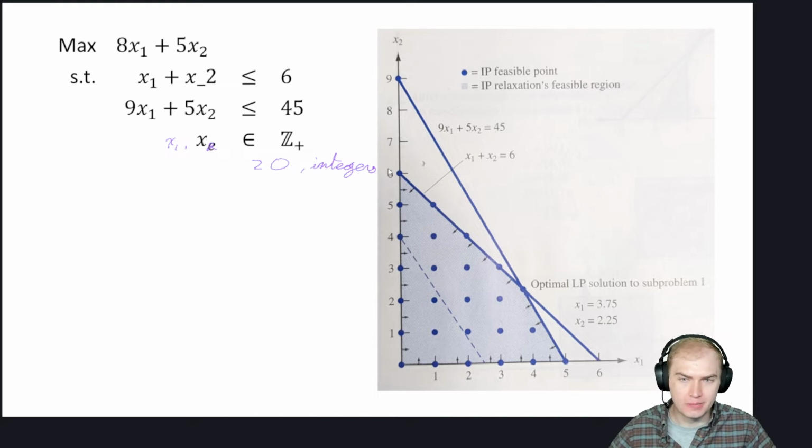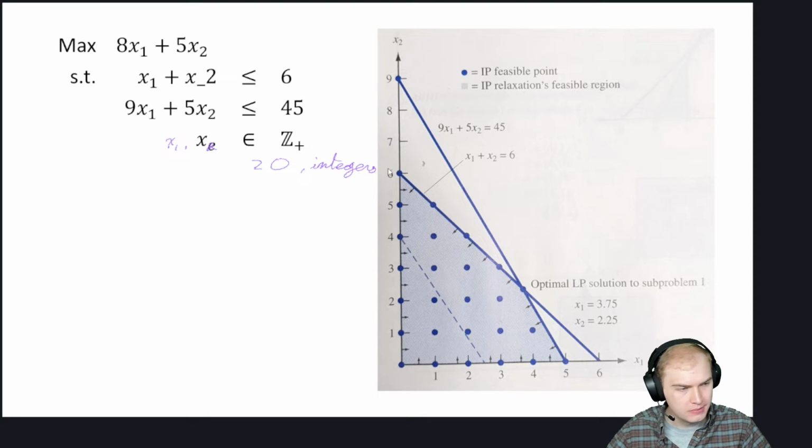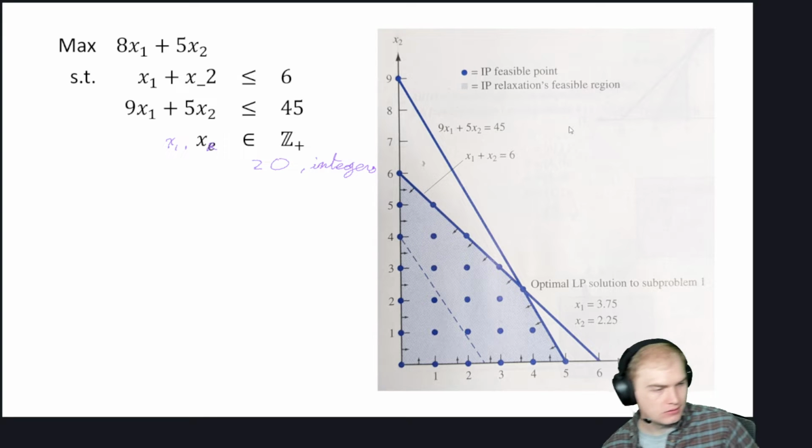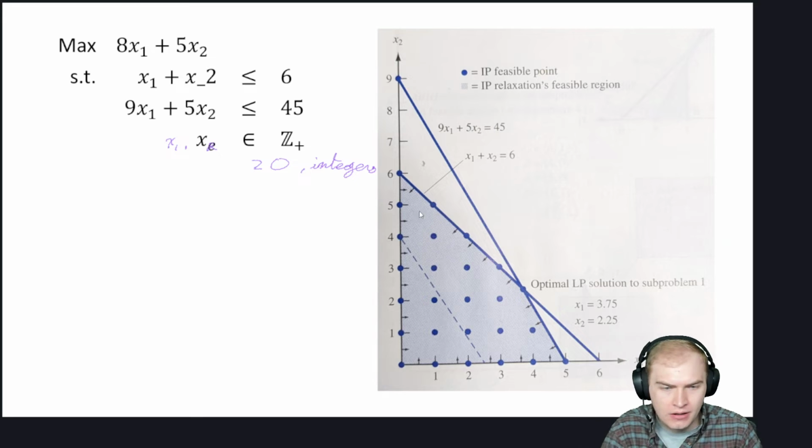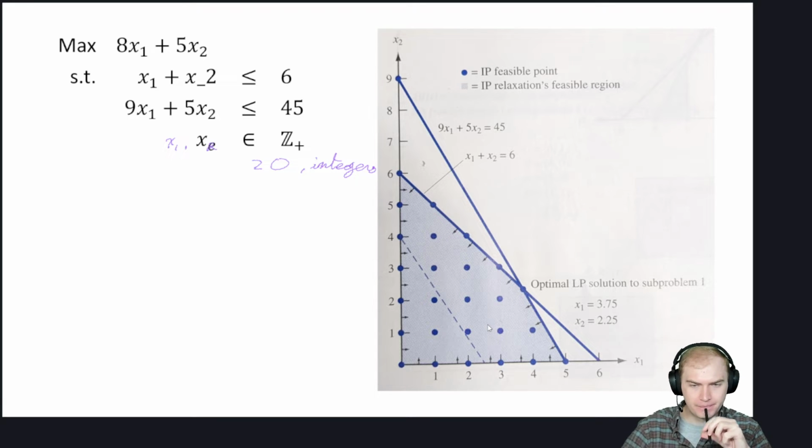So this is the plot of the feasible region associated with this problem. We notice our constraints are still lines in 2 dimensions. But since we're on the integers, the feasible region is not really the shaded region, it's really all of these lattice points here in the region. All of these integer points.